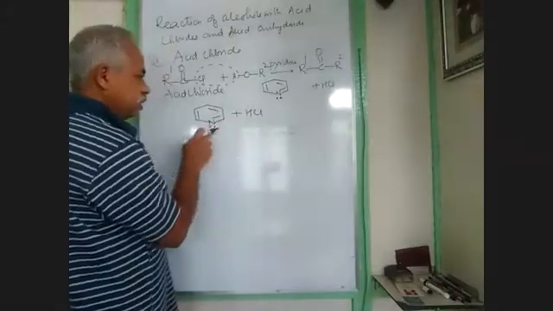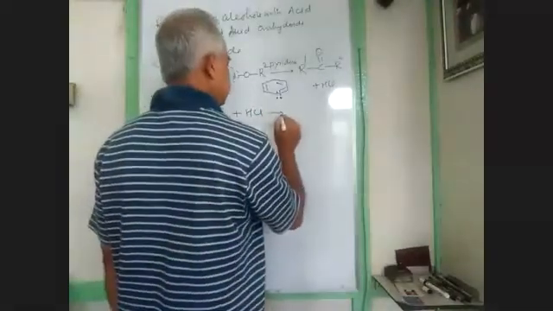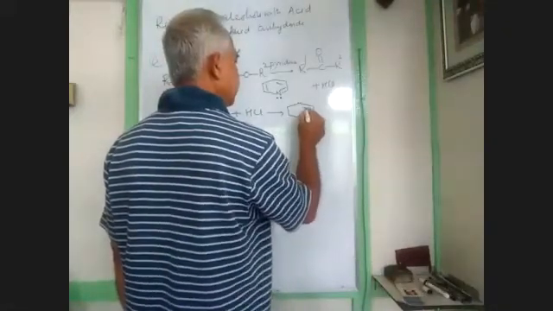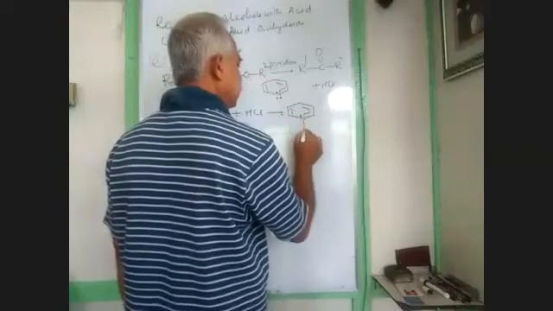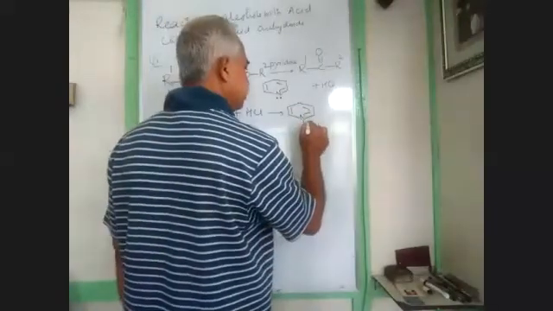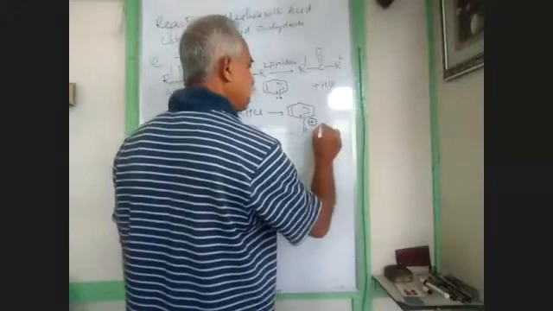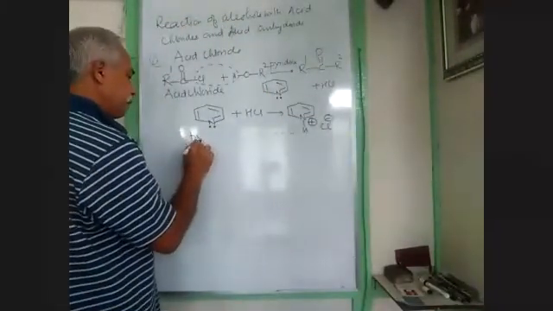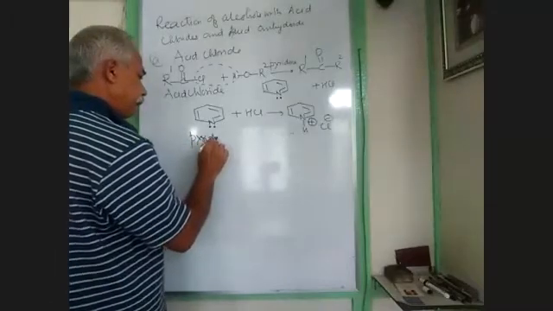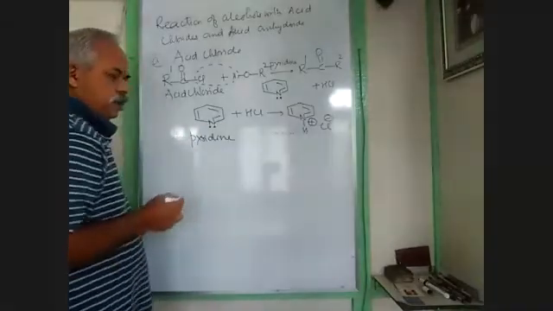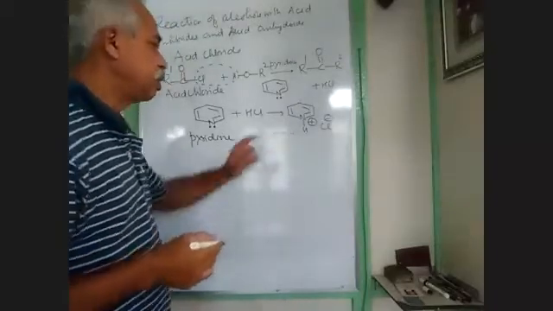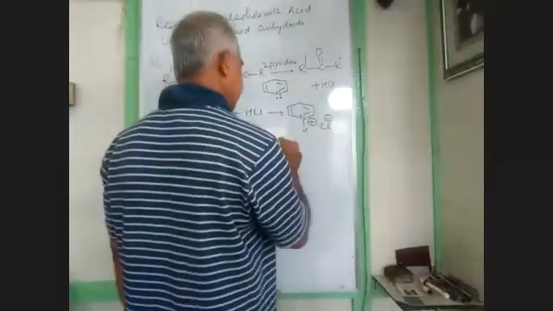See, this hydrogen will come here. So what you are going to get? You will get, see, now nitrogen has become positive, because valence has become 4. So if this is pyridine, like NH3 reacts with HCl to give you ammonium chloride, this one is called pyridinium chloride.